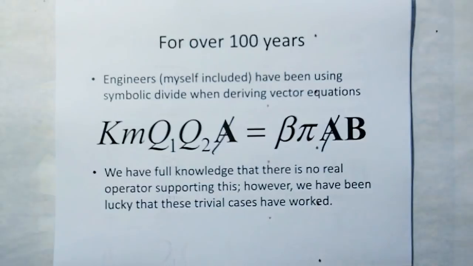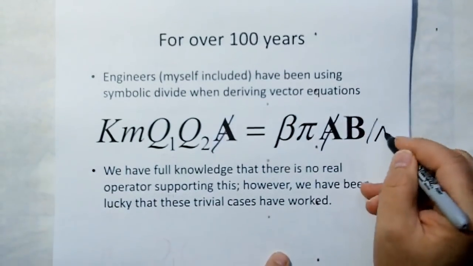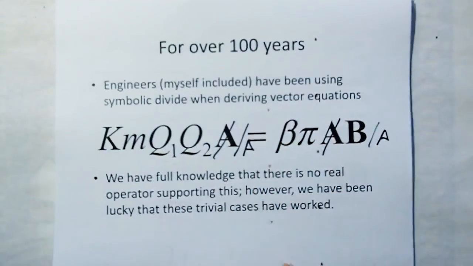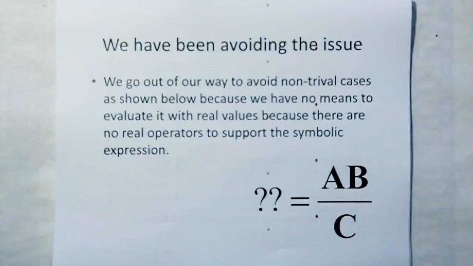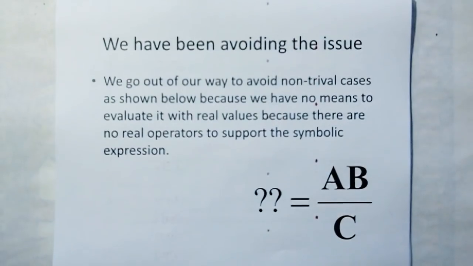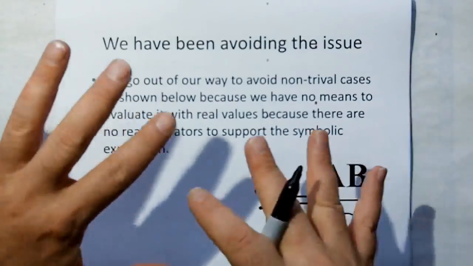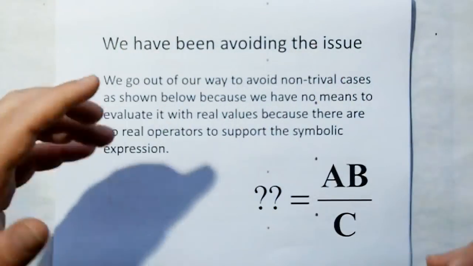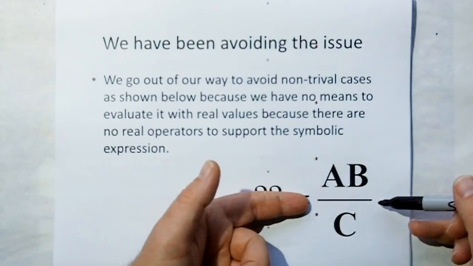However, there's no real operator for this. There would be no way to divide by A in a real numeric operation, because none such exists. Not yet, anyway. So what we've been doing is avoiding the issue. Me included, when we do derivations, we try to massage the derivation in such a way as to avoid things such as this, where the only way you can go is numeric.